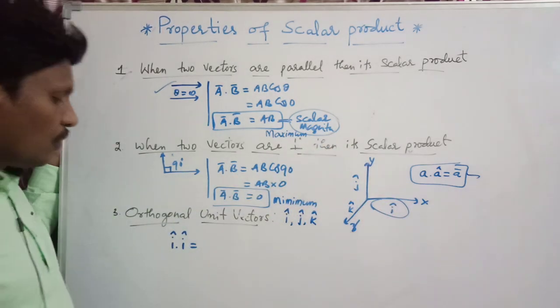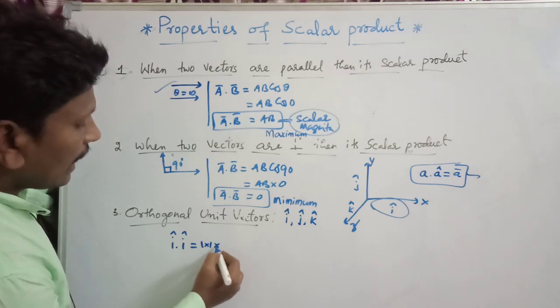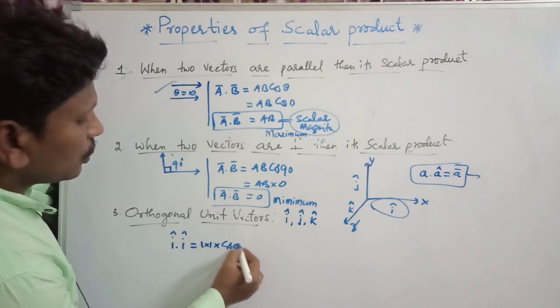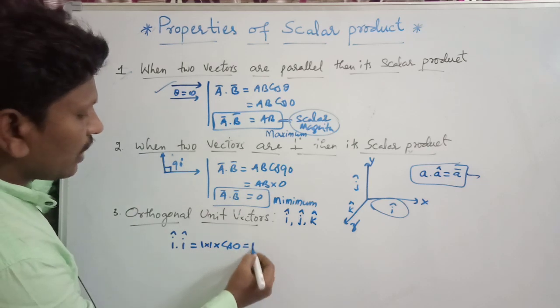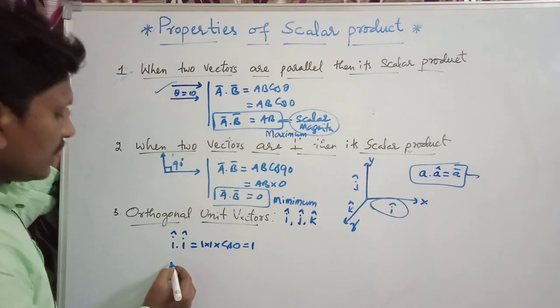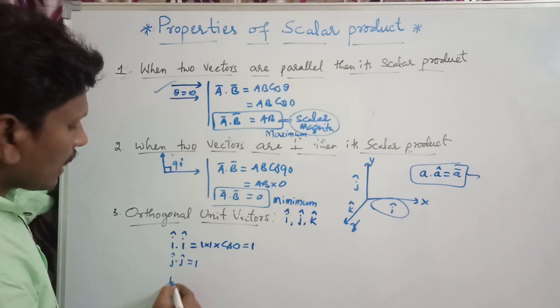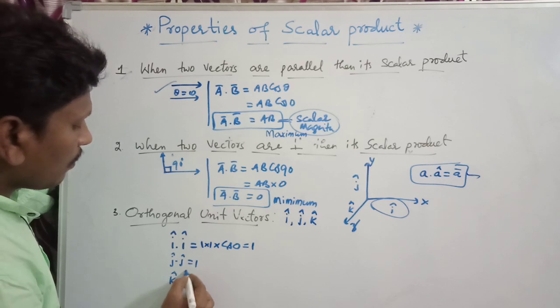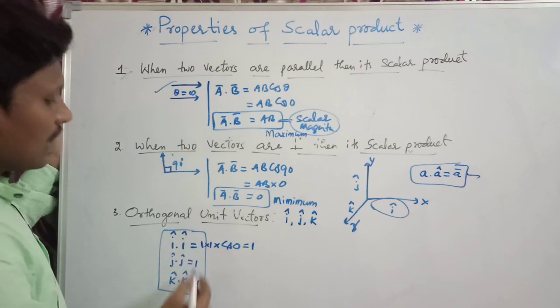Theta is equal to 0. Then its magnitude is 1 into 1 and then cos 0. Cos 0 is 1. It gives 1. i cap dot i cap is equal to 1. Similarly, we can write j cap dot j cap equal to 1, k cap dot k cap equal to 1. Okay, so this we can understand.